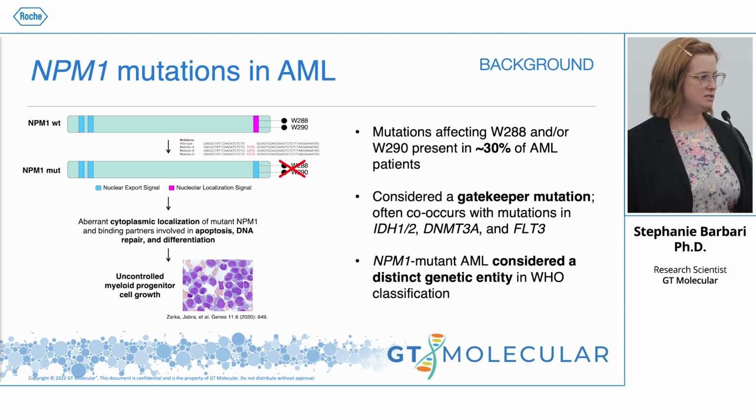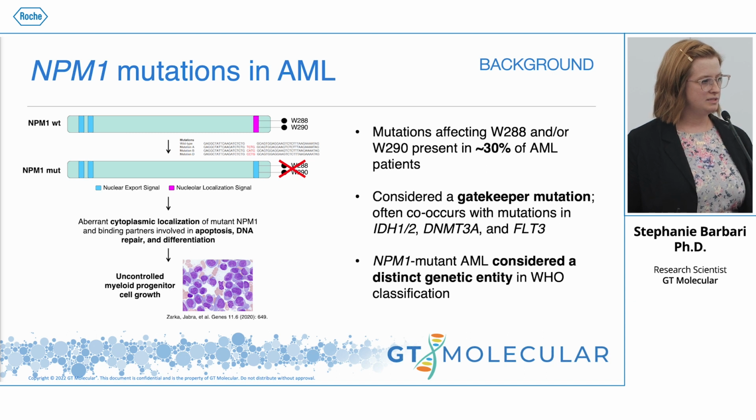This results in a loss of a nucleolar localization signal and acquirement of a nuclear export signal. And this leads to aberrant cytoplasmic localization of mutant NPM1 and its binding partners that are involved in apoptosis, DNA repair, and differentiation, ultimately leading to uncontrolled myeloid progenitor cell growth in AML.